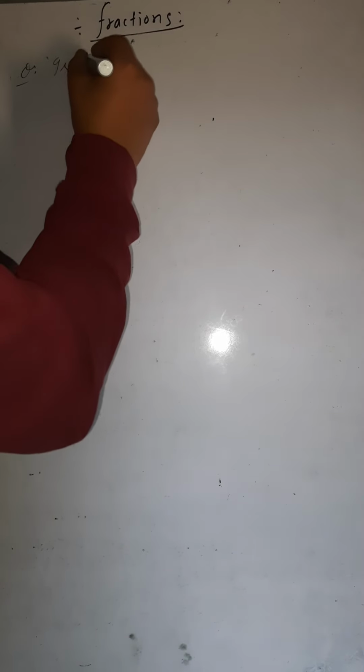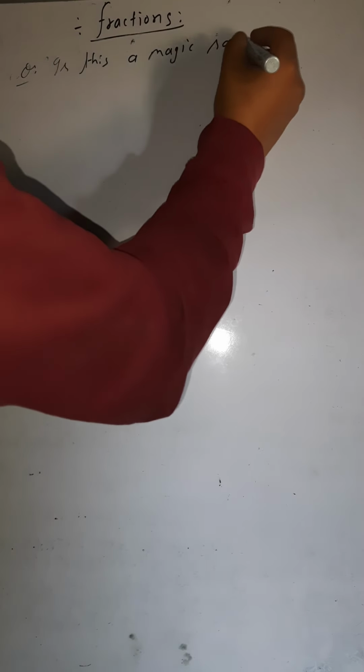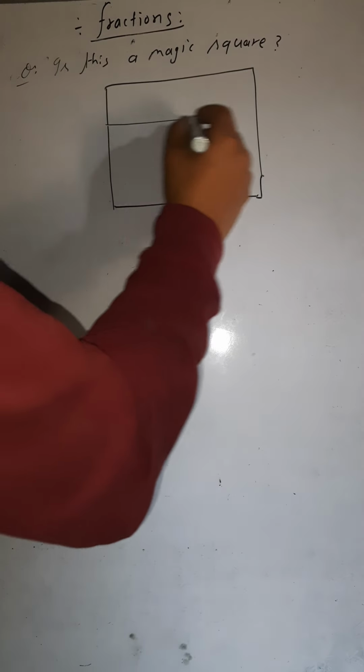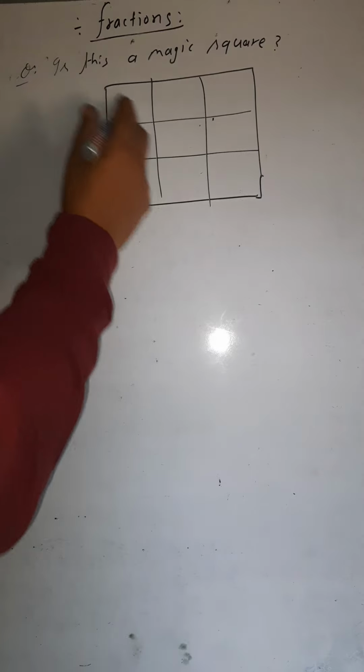Okay, so now write down the question. Question is, is this a magic square? This you have to tell. Let me draw a magic square here. Here would be 3 rows, 3 columns and the 2 diagonals.